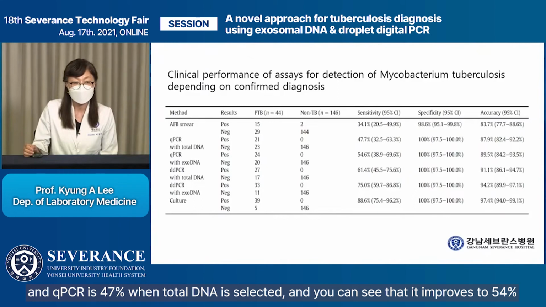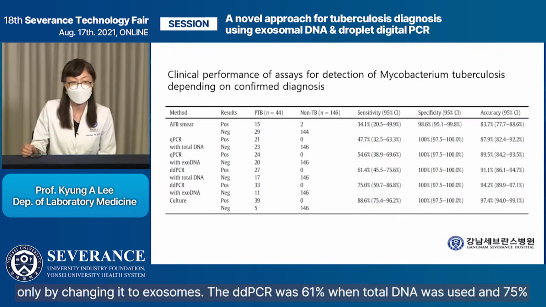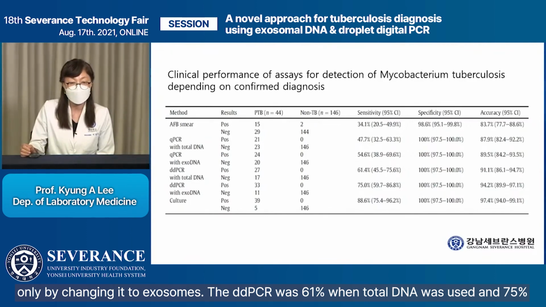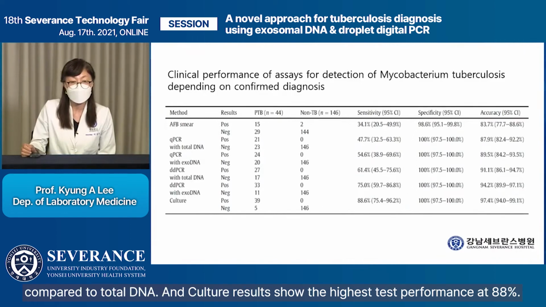And you can see that it improves to 54% only by changing to exosomes. The ddPCR was 61% when total DNA was used and 75% when exosomes were used, showing a 27% increase in qPCR, which is commonly used, compared to total DNA. And culture results show the highest test performance at 88%.